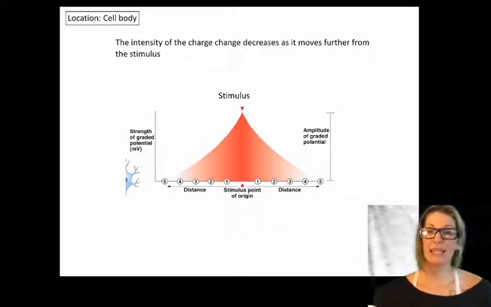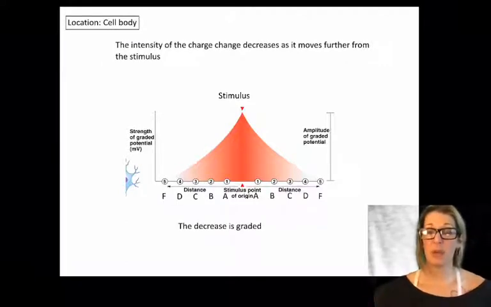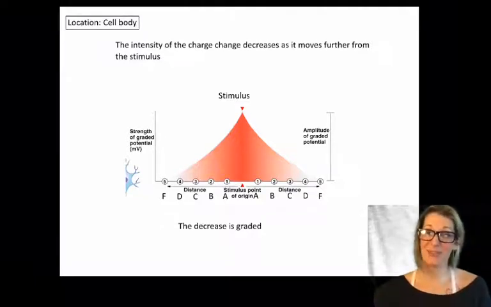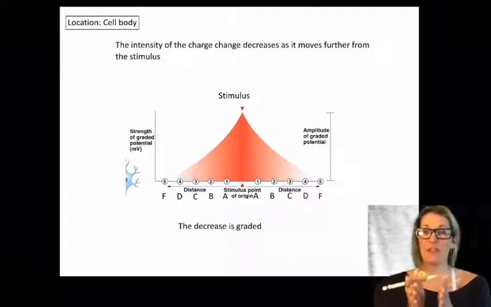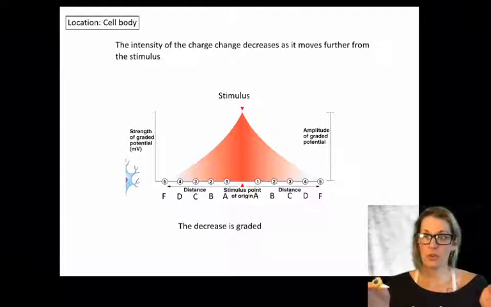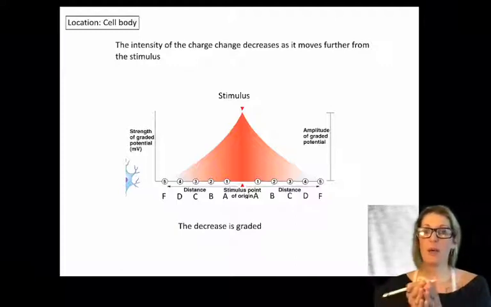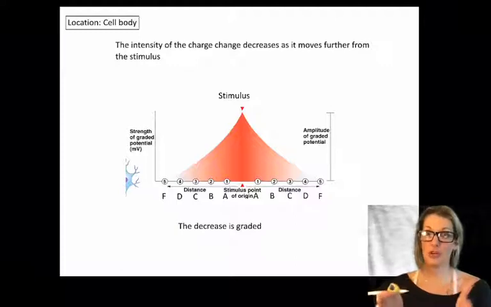Okay? And this whole idea of a graded potential, a graded scale, is familiar to you if you stop and think about it for a second. You're graded on a graded scale, right? So if you turn in work and it's super, super close to accurate and correct, your grade is an A. And the further you move away from the information that is correct, the lower your grade.